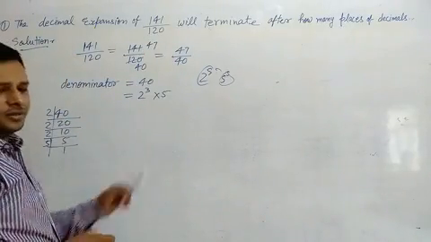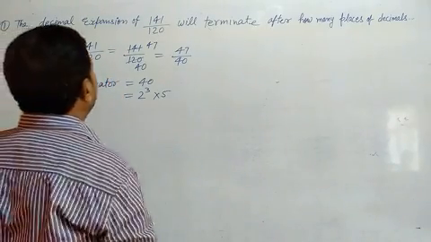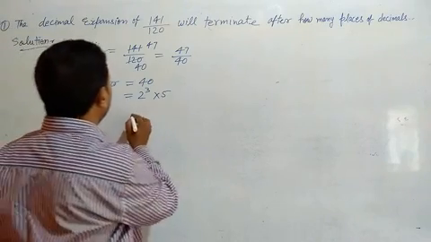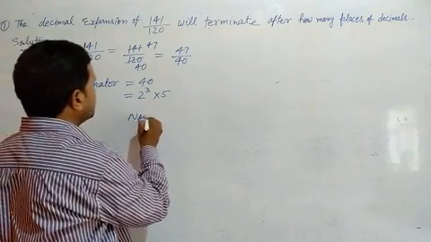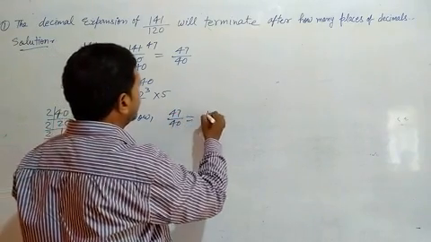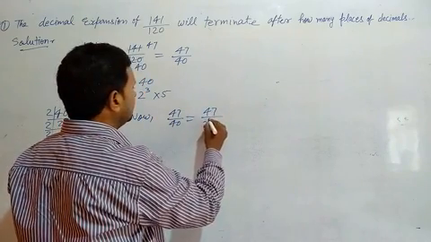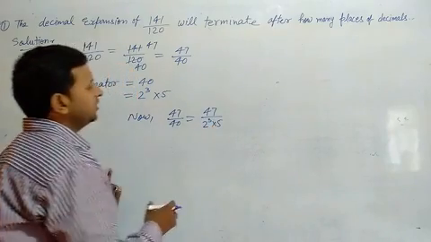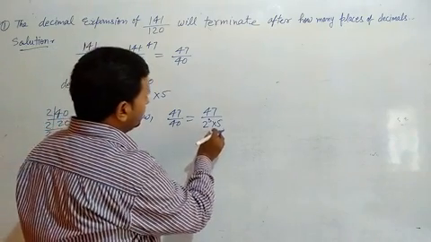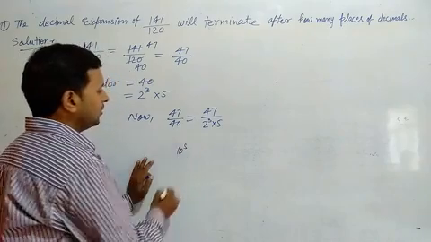But the question asks after how many places of decimals it will terminate. So see here. We can write the question 47 upon 40 as 47 upon the factorization. We have to convert this denominator into the form of tens, meaning 10 to the power of something.